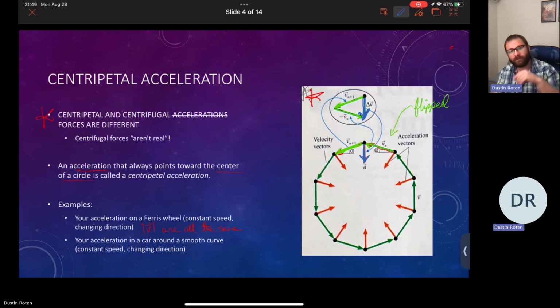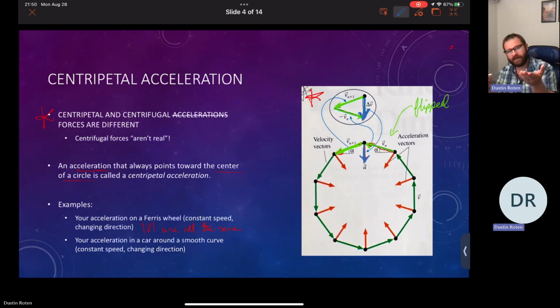And if you need to convince yourself, you can go through and maybe do one or two of these around the circle. But what you'll find is, since the velocity vectors are the same length on each side, that symmetry, when you do the vector subtraction, will always lead to the same acceleration. And it always points to the center. Okay? So that's a vertical example with a Ferris wheel.